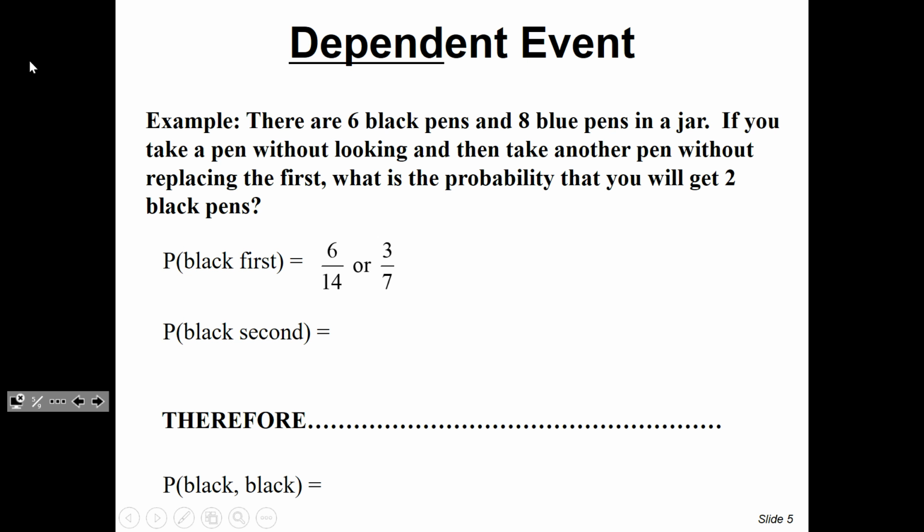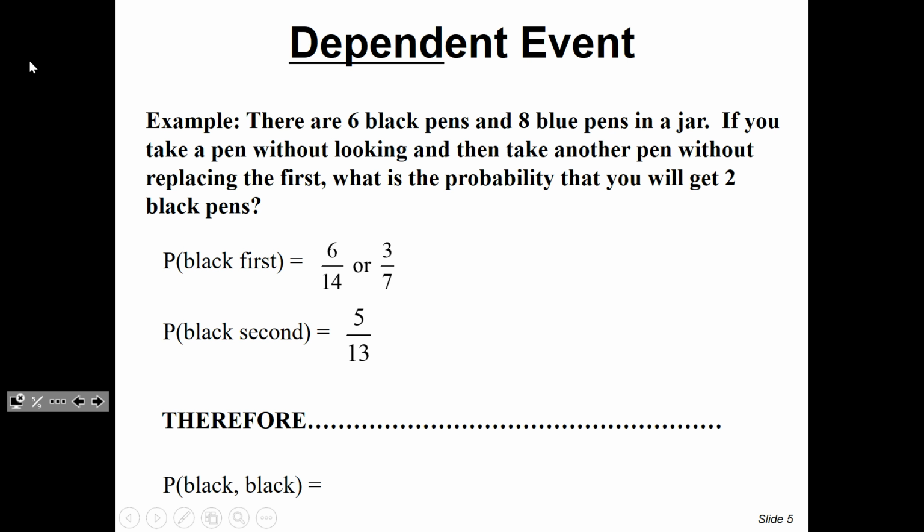Right. And just like last time, we want to simplify that. But now, on my second pick, there are how many pens in there since I didn't put the one I already drew back? 13. And how many of those are black if I drew a black the first time? 5. So the likelihood of me drawing a black the second time is going to be 5 out of 13.